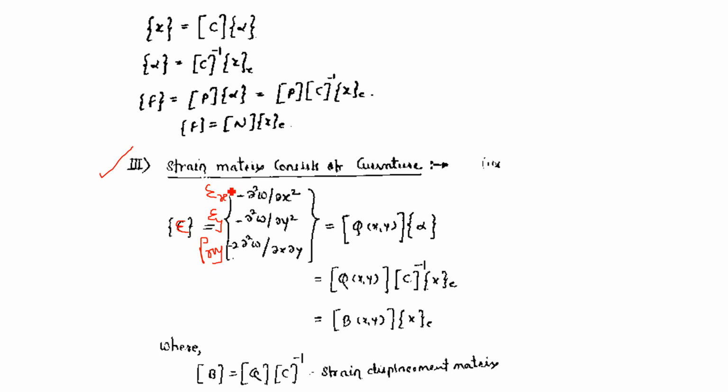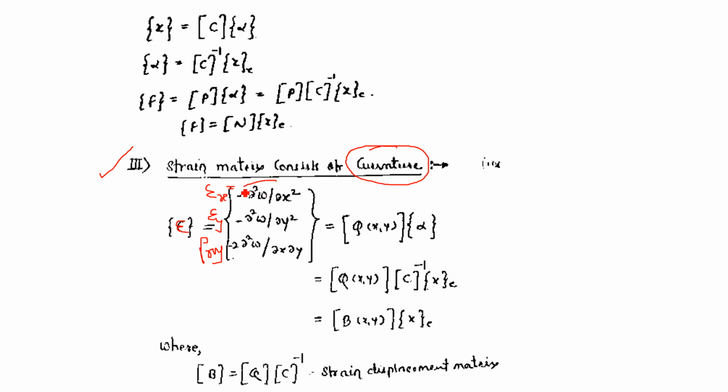Epsilon x is equal to minus d square w by dx square, epsilon y equal to minus d square w by dy square, and gamma xy is equal to minus 2 d square w by dx dy. D square w by dx square is also called curvature, so this is also called the strain curvature relation.